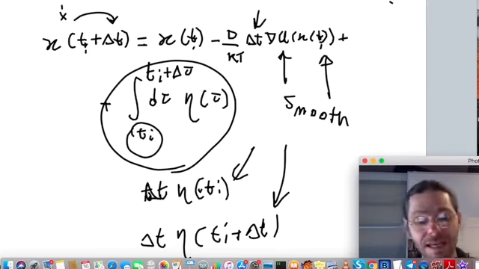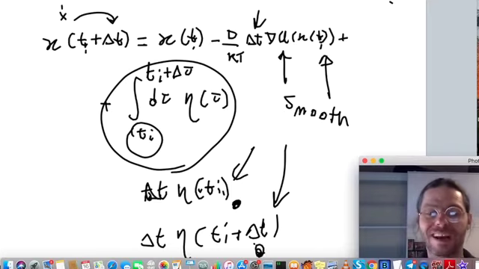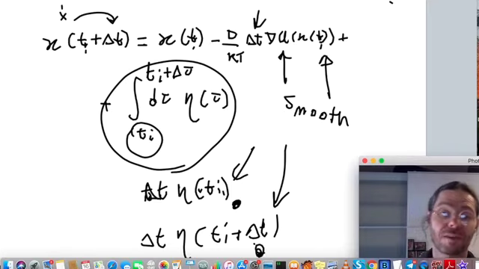On the other hand, eta is never smooth. It's the most rugged object you can possibly think of. It's something that changes in a random way at any time scale. So the values that you get at these two times, here and here, are completely uncorrelated. And so you cannot simply say I can choose one or the other, it doesn't matter. You have to tell which one you're choosing.